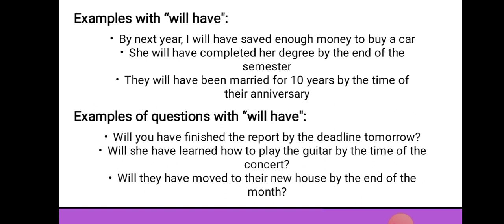In the examples with the auxiliary verbs will and have, we can see the subjects I, she, they, with the past participle of the verb. Example of question with will have: here you can see example in the form of a question using will have.